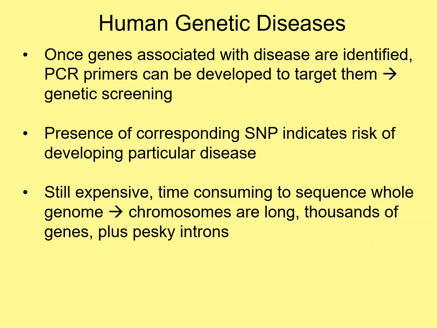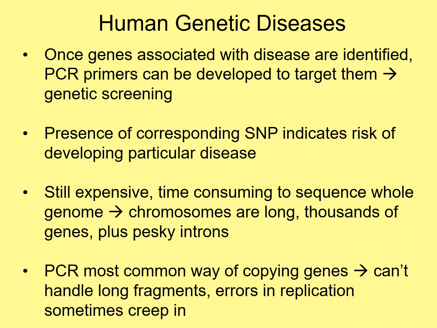Again, we've sequenced the human genome, but aside from us and some bacteria and a few other organisms, we haven't sequenced the entire genome of most species. Chromosomes are long, you have thousands of genes, and of course, being eukaryotes, we don't know which sequence is to be treated as an intron and which one's to be treated as an exon, so it makes it a little bit complicated.